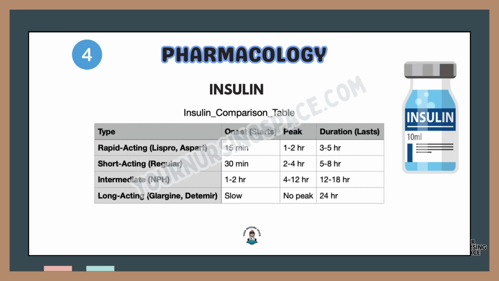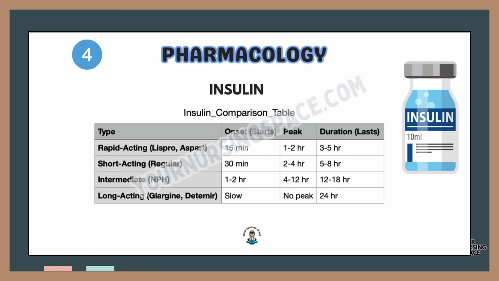I like to say NPH needs patience because it's not rushing in like rapid. It's more like, oh, hold on, I'll get there. Just give me a couple hours. Oh, and heads up, it's cloudy, so you roll it gently like you're kneading dough, but don't shake it up like a soda can because that messes it up. And the NCLEX loves asking about that little detail.